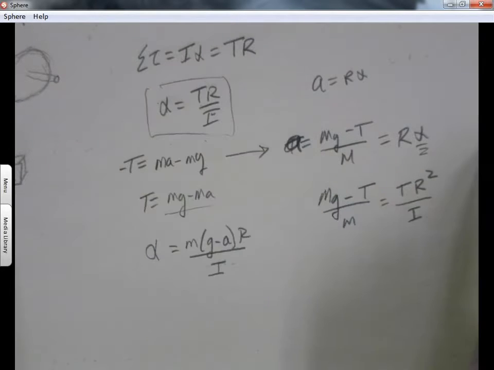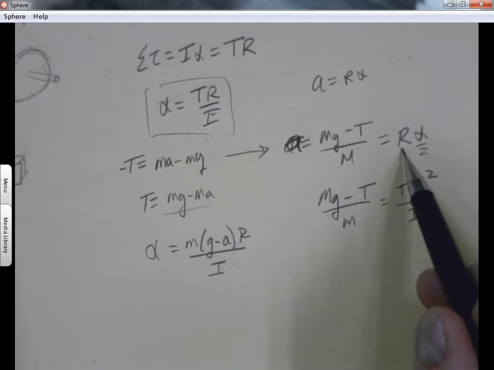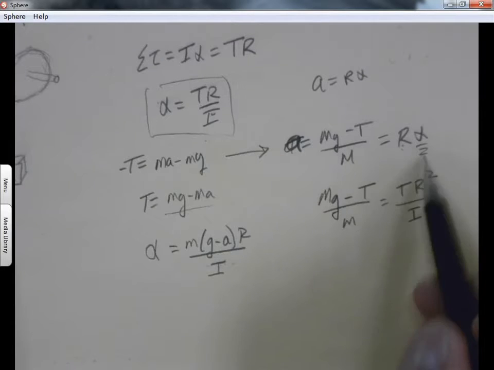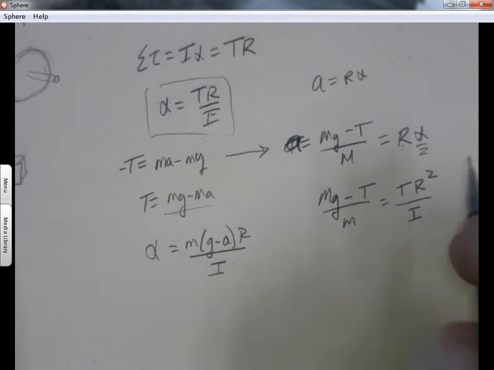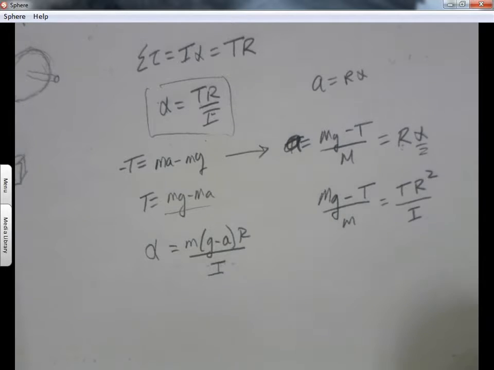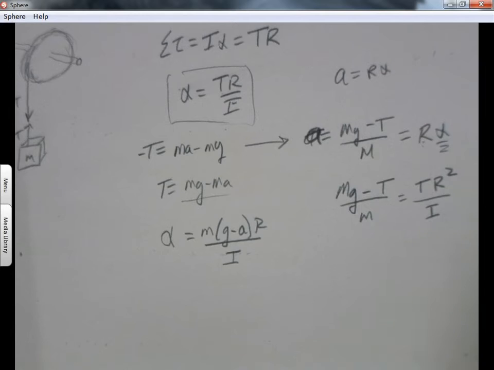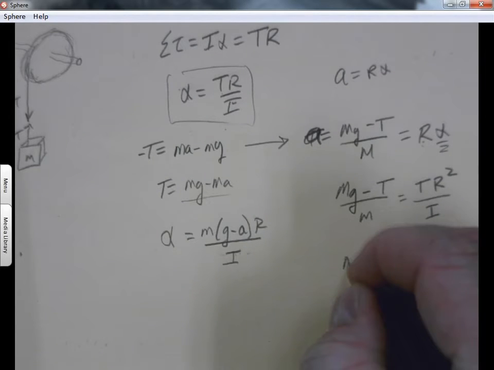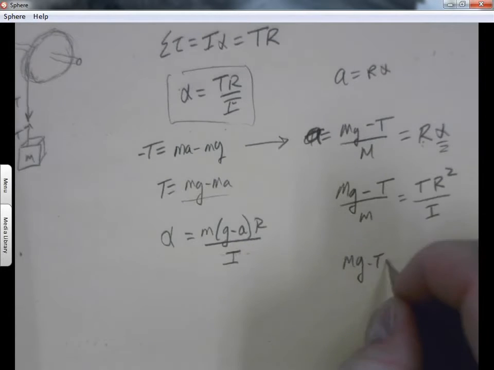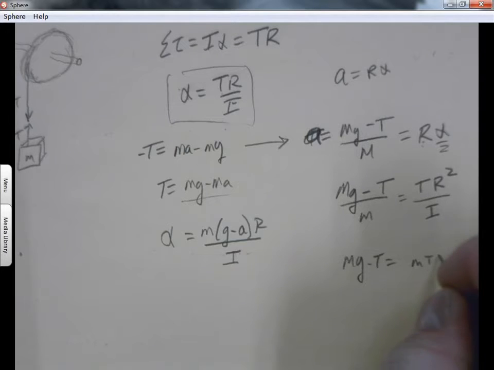T r times r, all over I. Then from here we just solve for T, and this just gets a little messy, but it's not that big of a deal. mg minus T equals m T r squared over I.